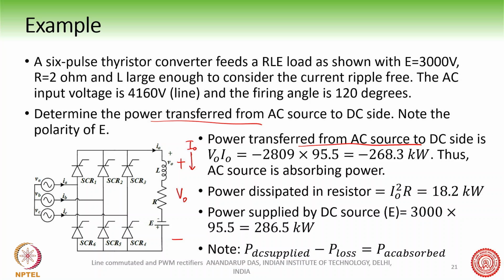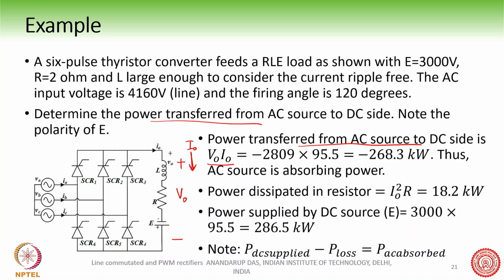We can assume that the thyristor rectifier is lossless, so the AC power is equal to the DC power in magnitude. Since the current is going through the plus terminal of V0, power is absorbed by this output voltage.